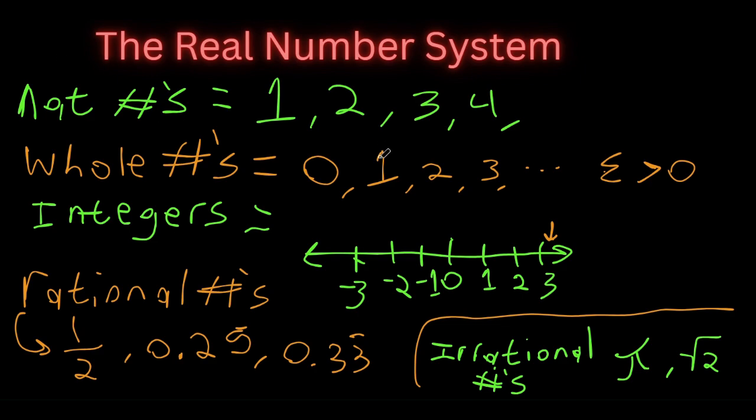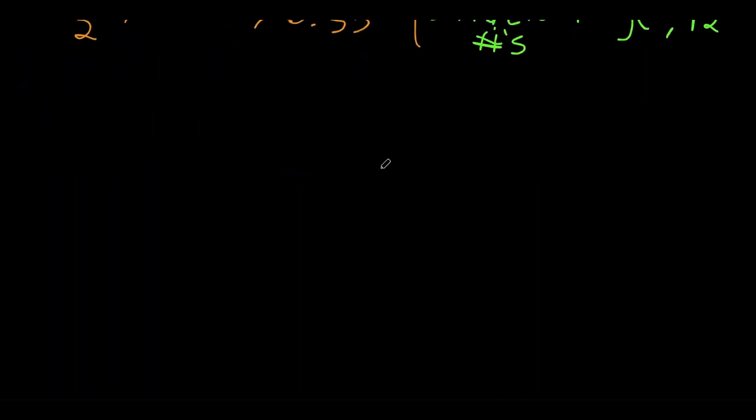All right. Now that you know this, I'm going to explain how each of the sets of numbers fit within one another. So I'm going to draw a nesting box. In the great big box here is all the real numbers.